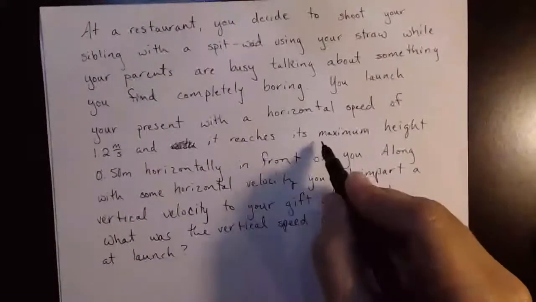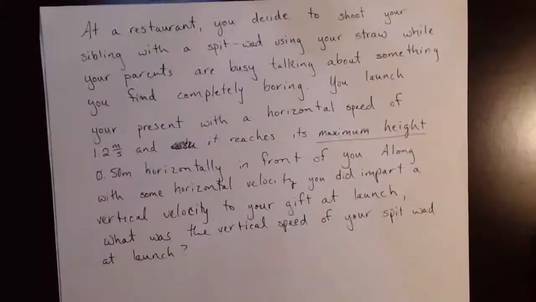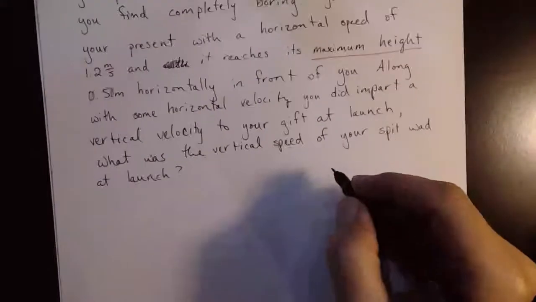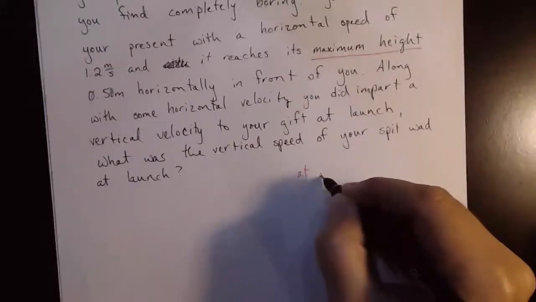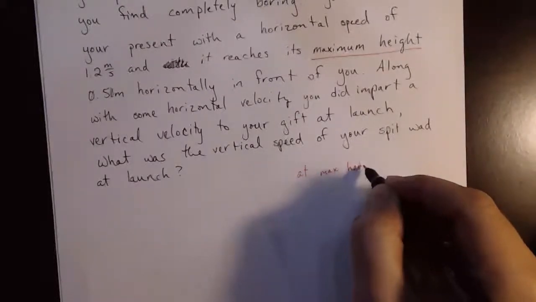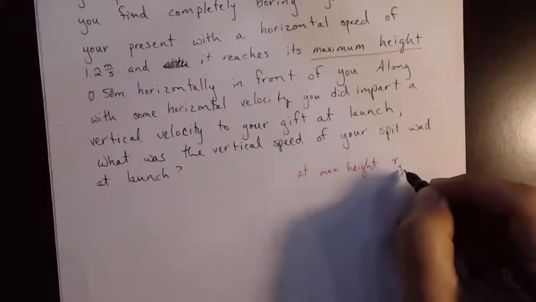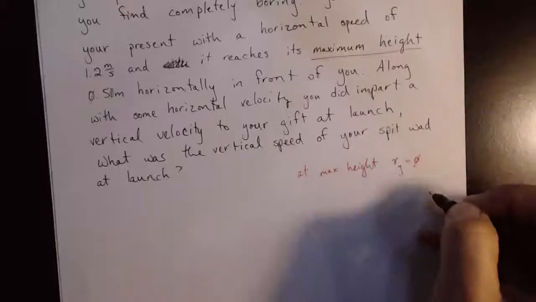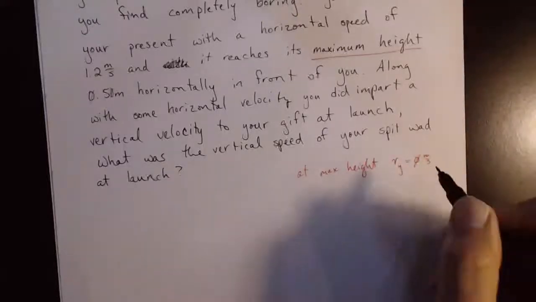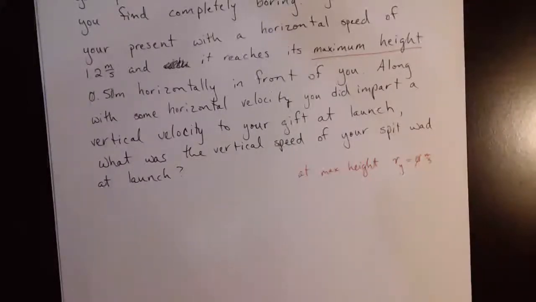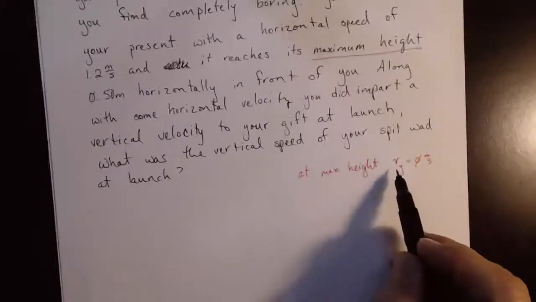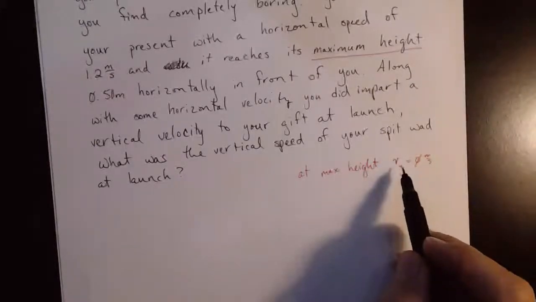Anytime you read maximum height in a problem, you want to pull out of your brain that I always know something special about the maximum height, and that is that at the maximum height, the velocity in the y direction equals 0. In this case, you have to decide whether that's an initial or a final, but at least you know that the velocity is 0 there.